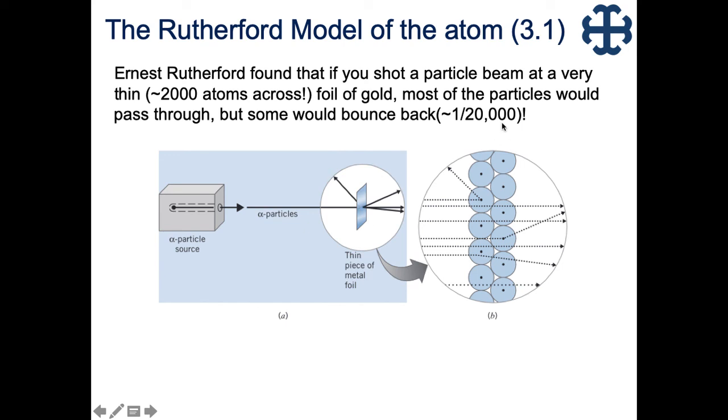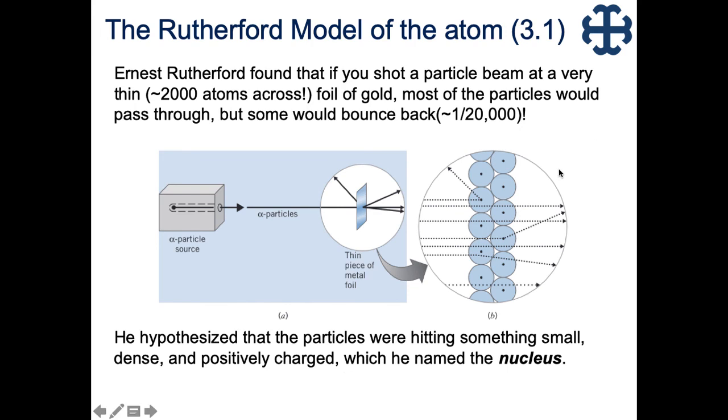And about 1 in every 20,000 of them would bounce back. What he was able to essentially show here is that there's something solid in the middle of our atom. And we know that now, of course, to be the nucleus.